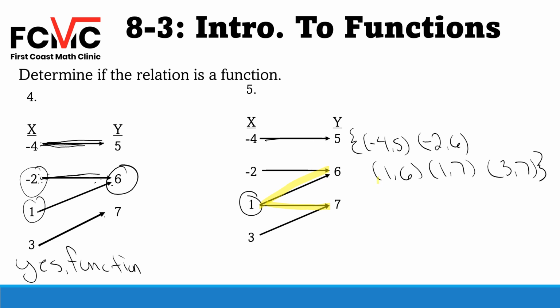And because 1 is paired with 6 and 1 is paired with 7, this is not going to be a function. So it's not a function. 1 is paired with 6 and 1 is paired with 7.